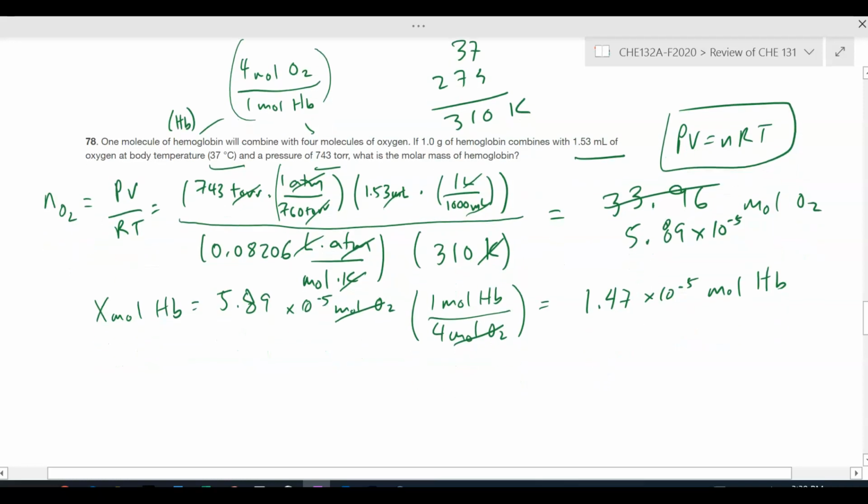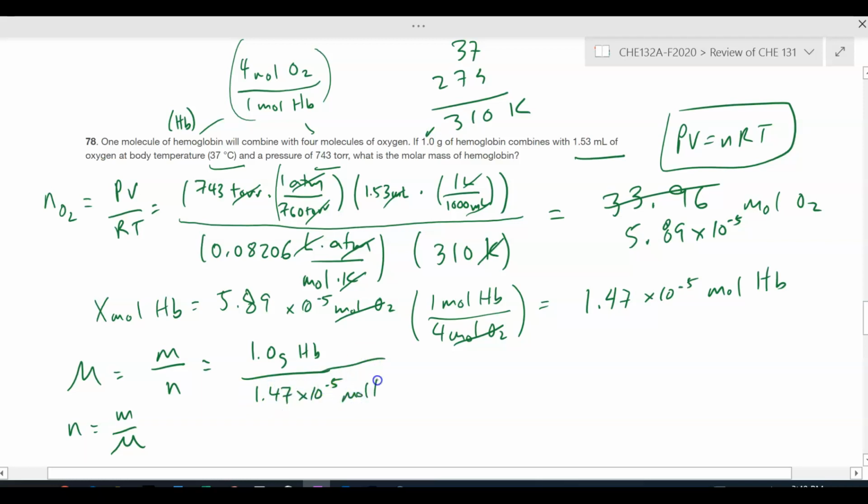All right, so to get the molar mass, what we're going to do is say molar mass is mass divided by moles in this case, right? Moles are mass divided by molar mass, so work that around. Molar mass is mass divided by moles. We have 1.0 gram of hemoglobin that was given up here, and we figured out that that must be 1.47 times 10 to the negative fifth moles of hemoglobin.